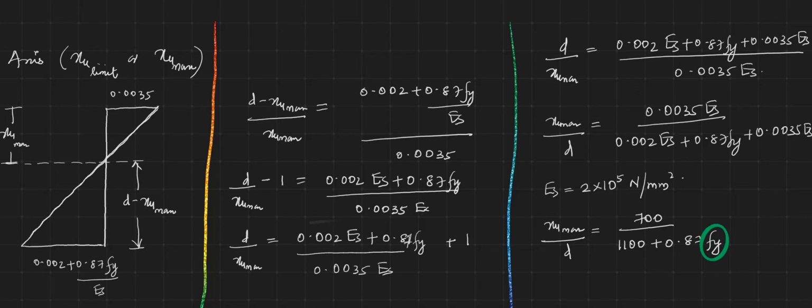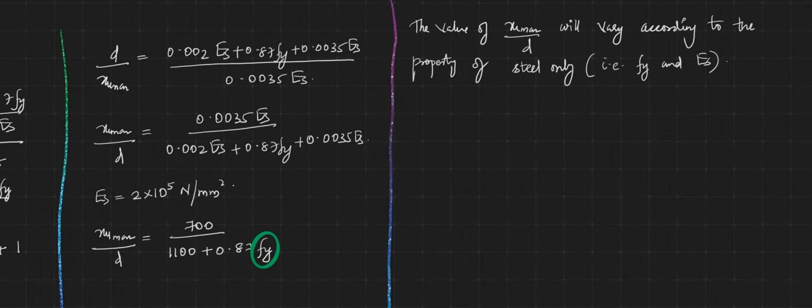So I could say the value of XU max by d will vary according to the property of steel only.